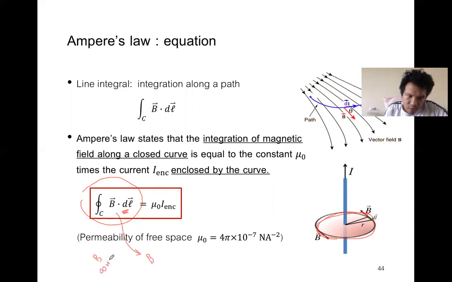If we use the condition that B is a constant, the integral of B dL can be written as B times 2 pi r, or B times the length of the path, and it is equal to mu0 times I, in which I is the current enclosed by the Ampere loop. So this loop we call the Ampere loop.